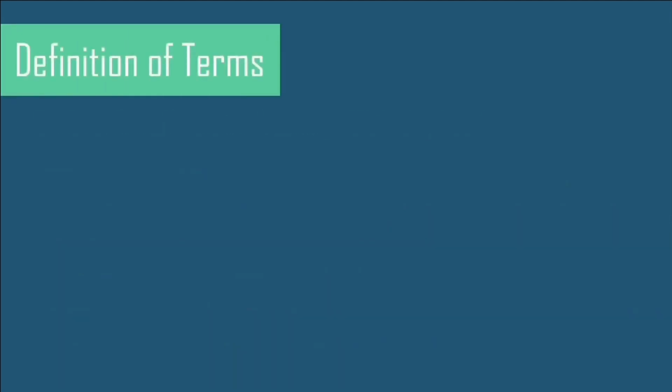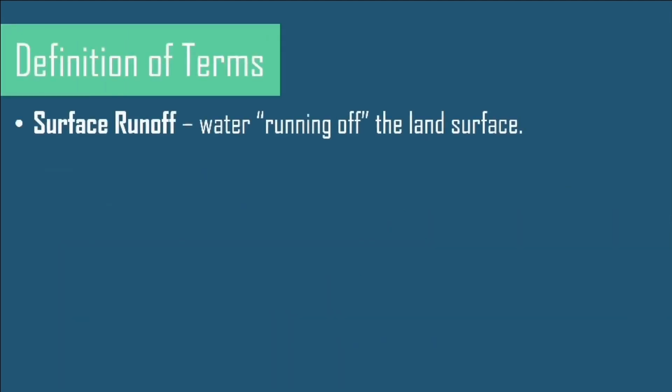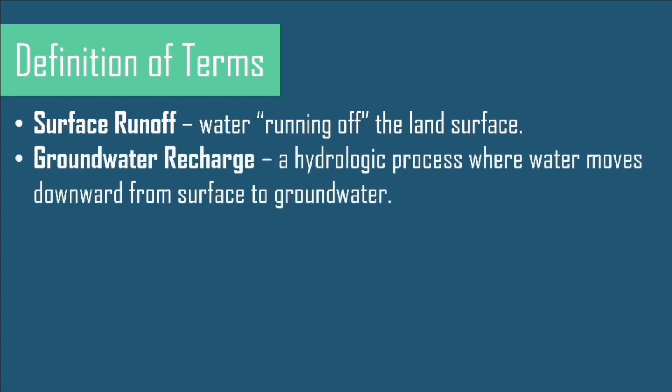Before we move on, let us define the said terms. Surface runoff is basically nothing more than water running off the land surface, and one of its causes is precipitation. Groundwater recharge or deep drainage is a hydrologic process where water moves downward from the surface water to groundwater.